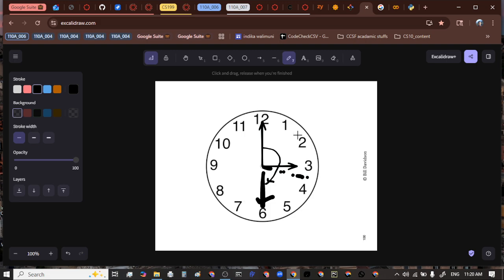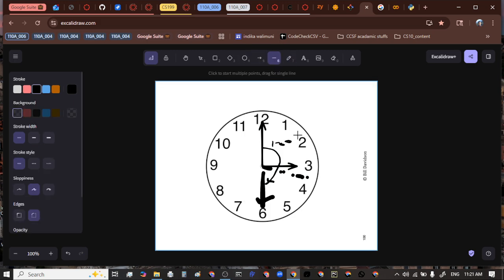Oh, this one's not working. All right. So this is going to be 180 degrees. Okay. All right. So let's do some math. So now, if we take this angle, what is this angle? Let me first mark the angle between two consecutive hour signs. Let's use this.